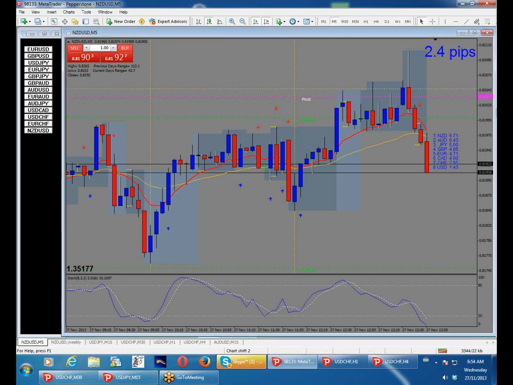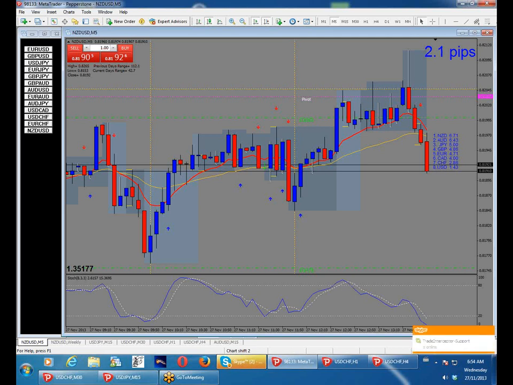Oh, so that would have been a good counter trend trade. And if I'm looking at the 1 hour and the 4 hour, it actually would have been a pretty successful trade, and it looks like it's going to continue to go down. So we're going to have a change of trend here shortly.